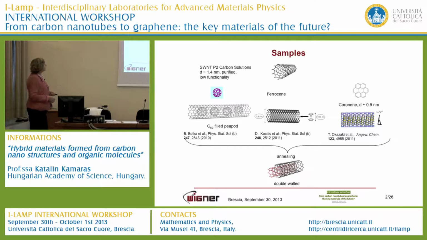Okay. Now, how can you prepare those samples? The first one was done in 2000 by Smith and Luzzi at Penn, and he did it just by subliming C60 into the nanotube.